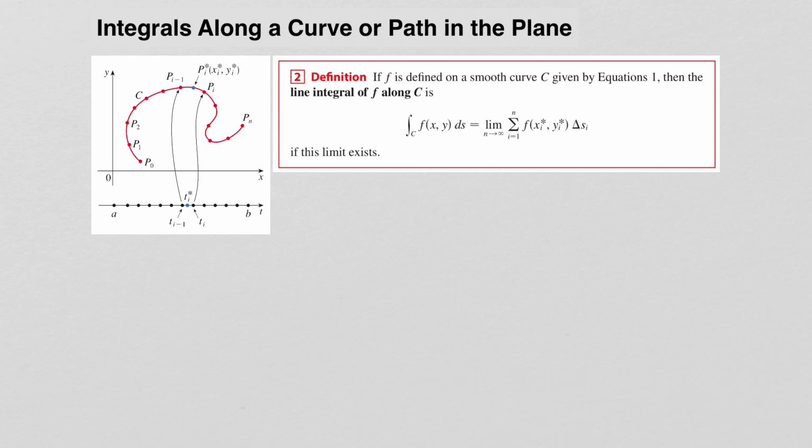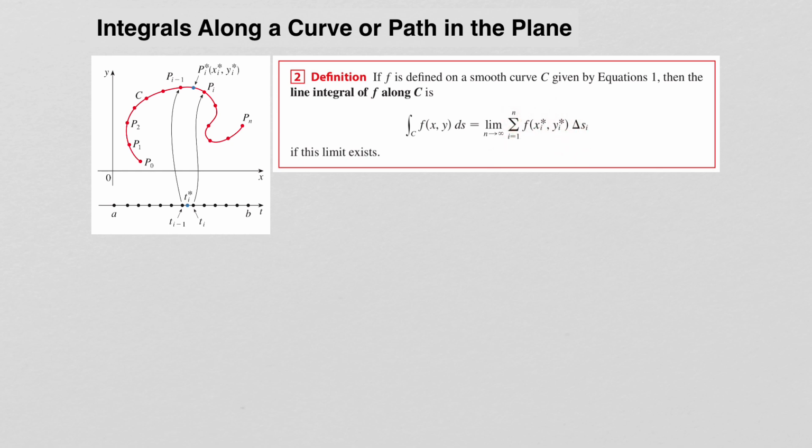If we do this, rather than integrating with respect to x or with respect to y, we could integrate with respect to the arc length of this curve. To do this, we would divide up this curve into partitions, and we could look at the value of the function on that partition multiplied by the length of that piece of the curve, and that's what we would have over here.